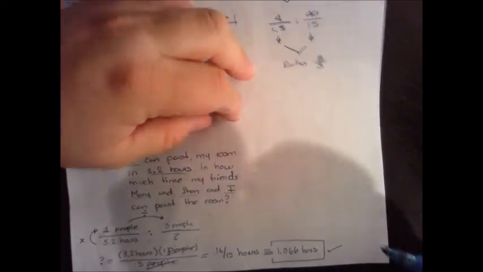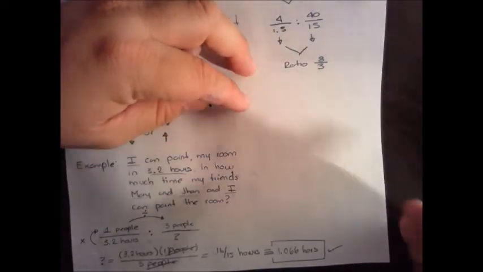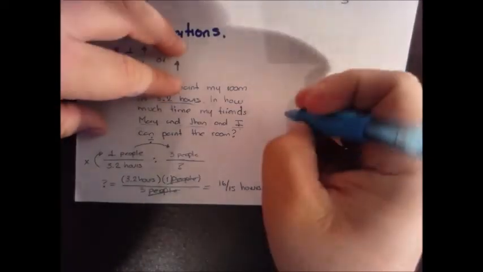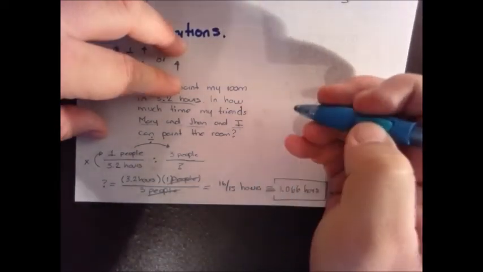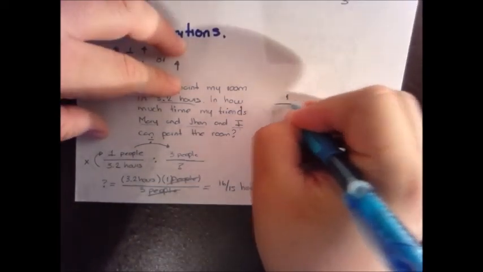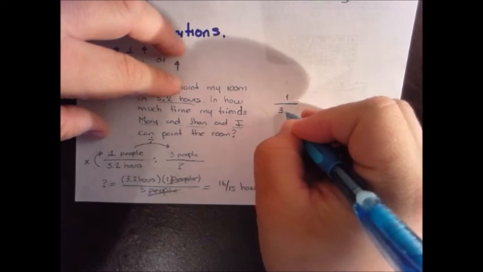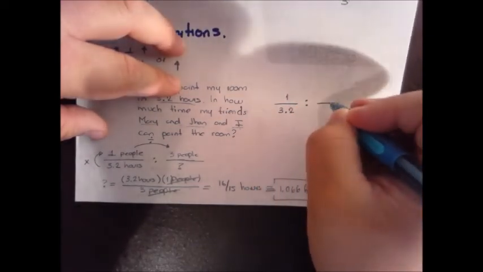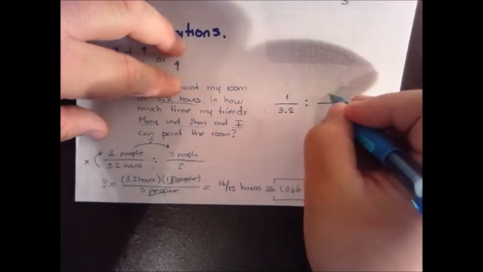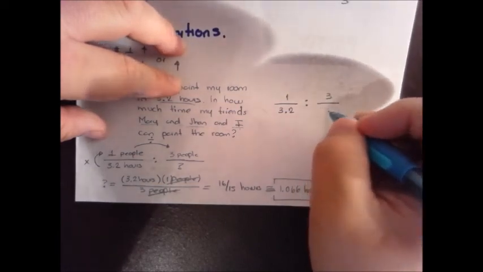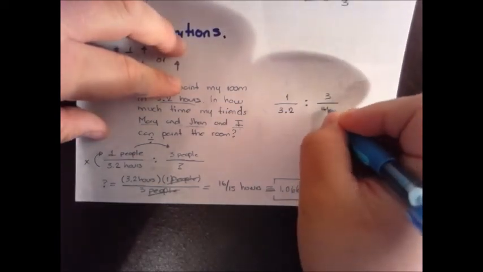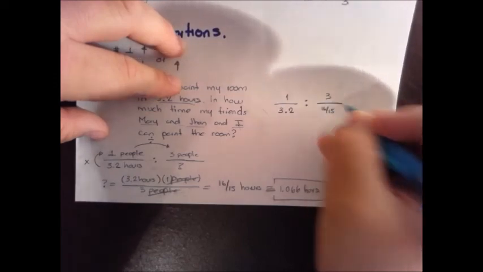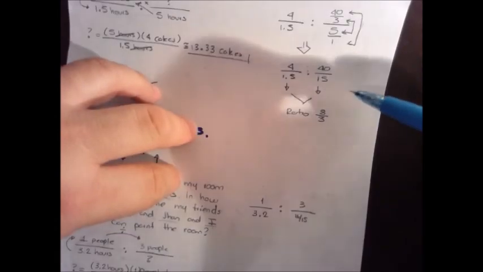How do we know that it's right or not? Let's write the data that we have. It's going to be 1 over 3.2, and this is inversely proportional, and 3 over 16/15. In that case, it's not going to be the same as in the previous example.